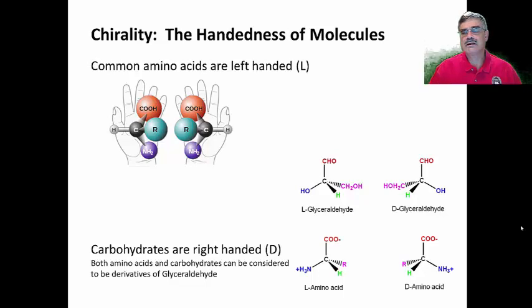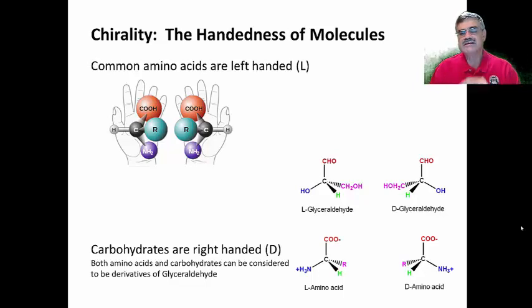D-glyceraldehyde, again, is a mirror image molecule of L-glyceraldehyde. They may look alike, but if you tried to exactly superimpose them by moving one over and trying to rotate it, you couldn't stack it exactly on the other, even though it has the same substituents, the same components.